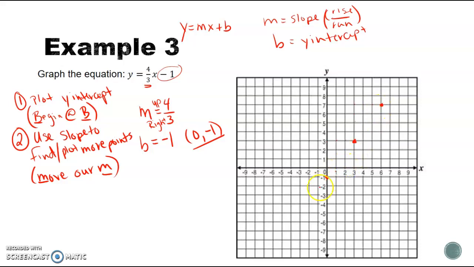There's my next point. If I wanted even more points, I could go the opposite direction. I could go down and left, because down and left would still make a positive 4/3. So I'm going to go down 1, 2, 3, 4, and left 1, 2, 3, which gives me a point down here that I could use.